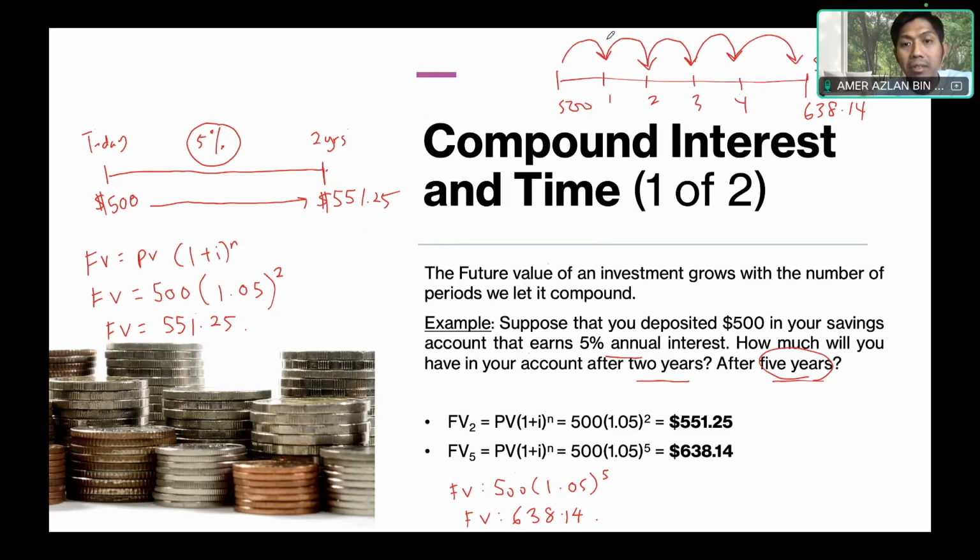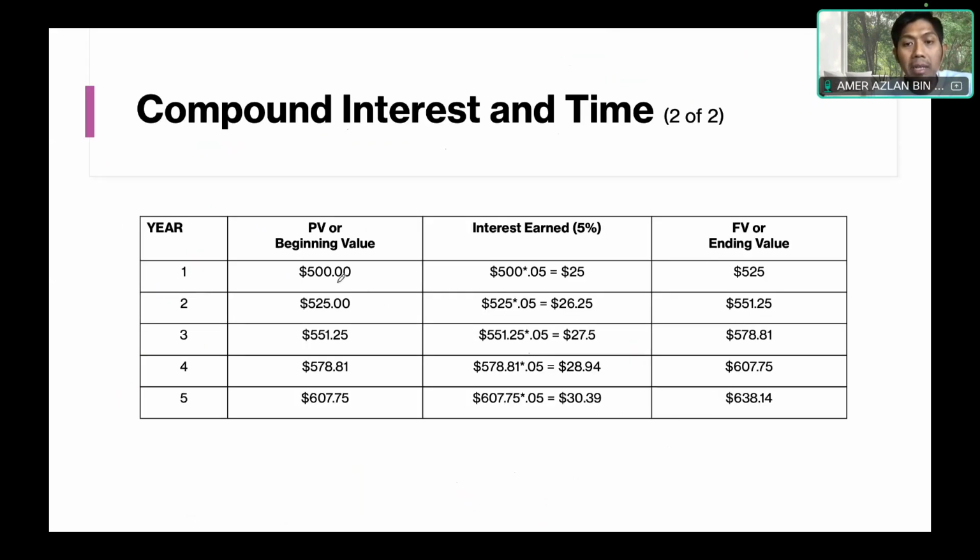If you refer to the table here, this is what we mean by the effect of compound interest, whereby initially you have your savings of $500, and in the first year you receive a return of $25, because of the 5% return. The ending value is 525.